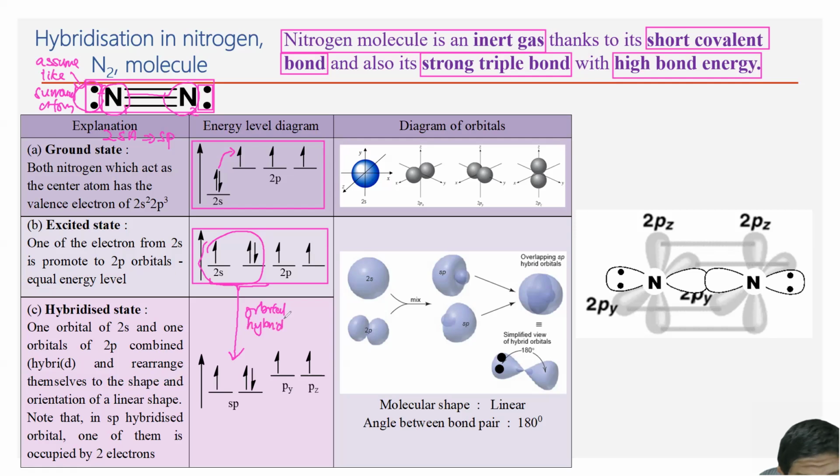So you form sp, and note that inside this sp, one of the orbitals is occupied by a pair of electrons. An electron pair.